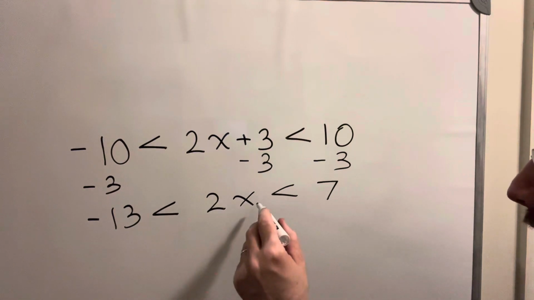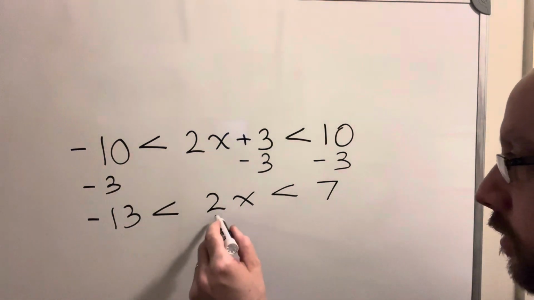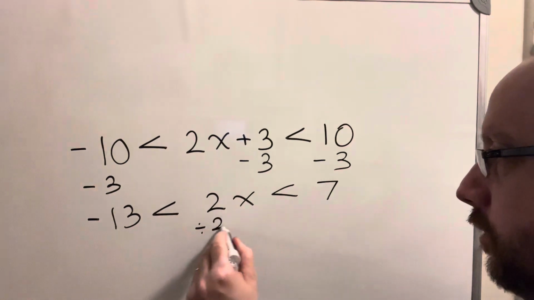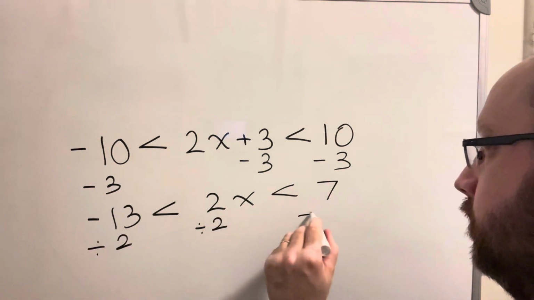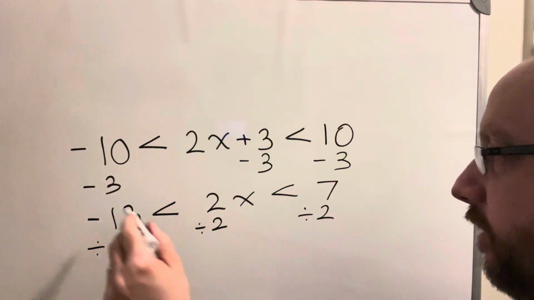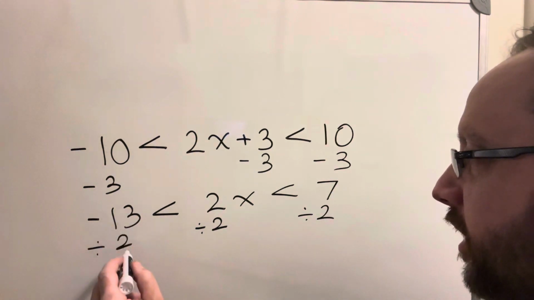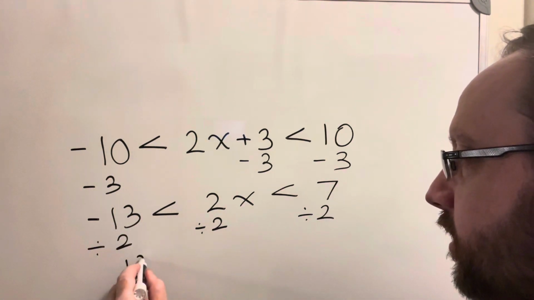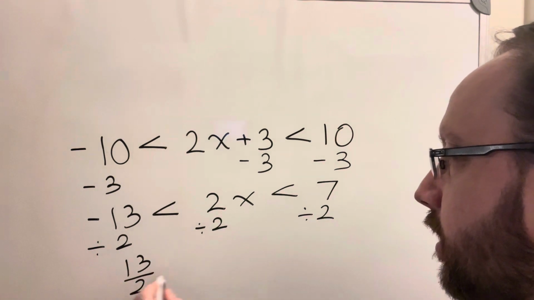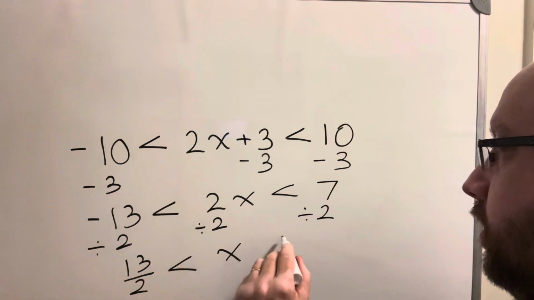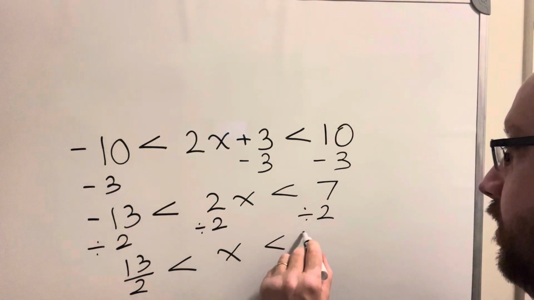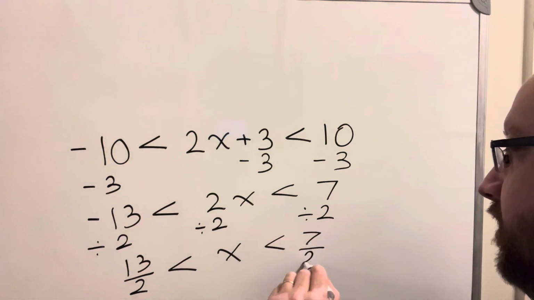Now, to get x, we can divide through by 2. So we have negative 13 divided by 2, negative 13 halves is less than x is less than 7 halves.